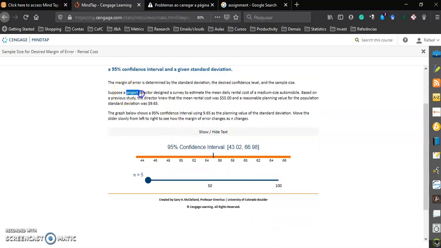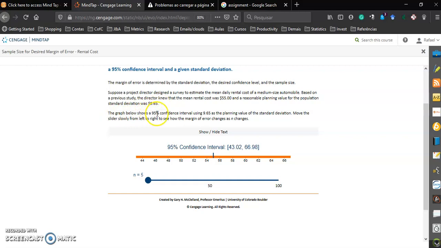So suppose a project director designed a survey to estimate the mean daily rental cost of a medium-sized automobile. Based on a previous study, the director knew that the mean rental cost was $55 and a reasonable planning value for the population standard deviation was 9.65.